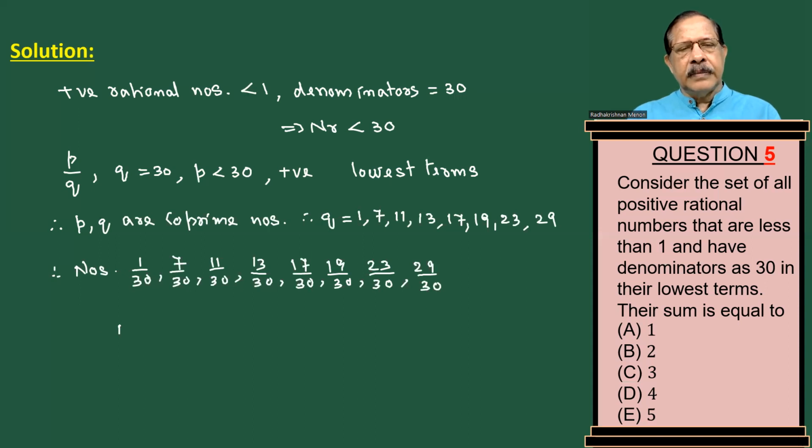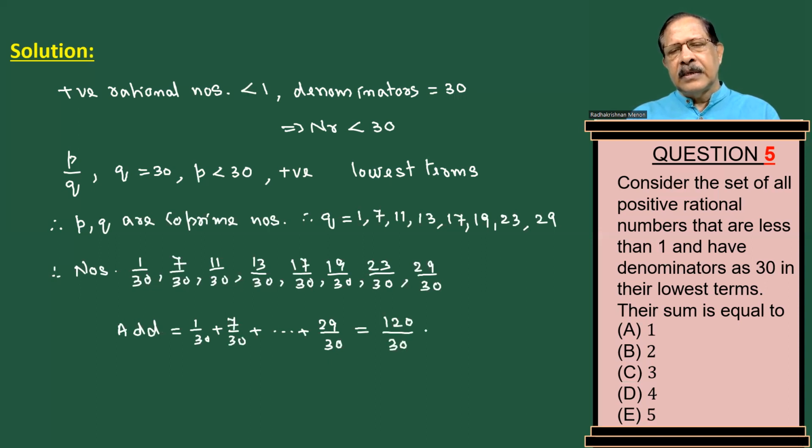You add them. You are being asked to find this sum: 1 by 30 plus 7 by 30 plus etc. up to 29 by 30. When you add the numerators, you will be getting 120, and the denominator is 30. So when you divide, you will be getting 4. 4 is the answer for this question. So the answer is option D. It is a very good question.